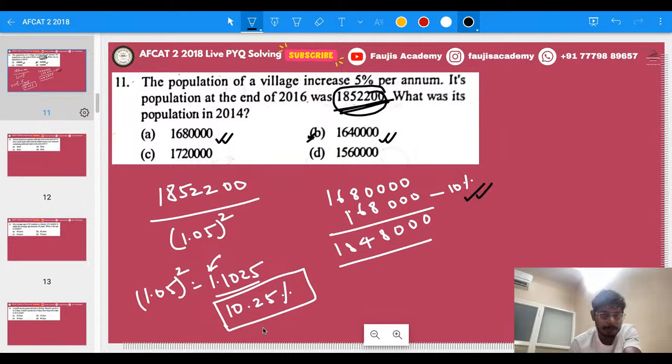We still have to account for this 0.25%. 0.25% is one fourth of 1%. 1% of this particular value will be 168,000. You can just chuck out two zeros. And one fourth, that means 0.25%, will be 4200. So let's just add this value, 4200.